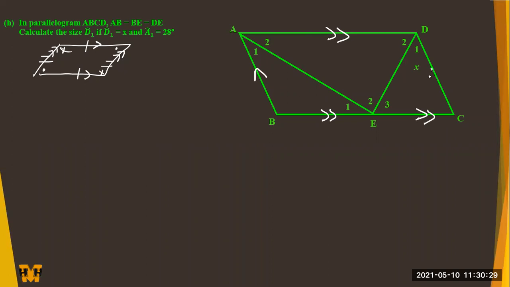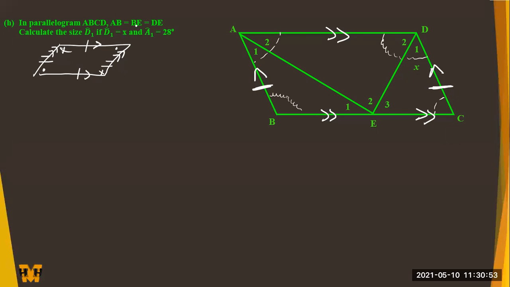That line is parallel to that one. This side will be equal to that side because it's opposite sides of a parallelogram. And keep in mind, opposite angles are equal. So just keep this in the back of your head.